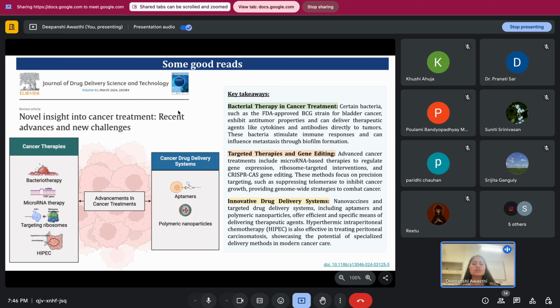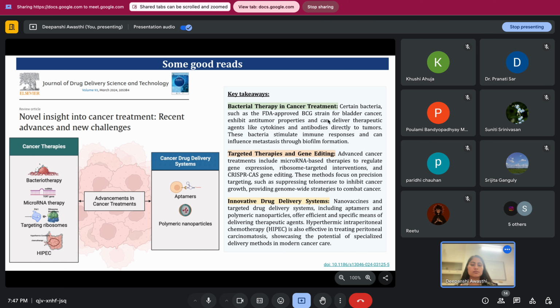So the key takeaways from this review: first, bacterial therapy in cancer treatment. For example, the FDA approved BCG strain for bladder cancer exhibits anti-tumor properties and can deliver therapeutic agents like cytokines and antibodies directly to tumors. So it is a kind of drug delivery.